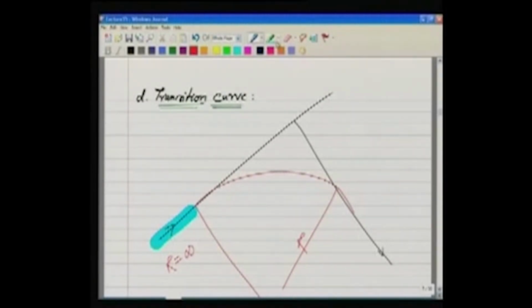But the moment you start traveling over here in the curve, the radius becomes R. So at this particular point where the curve starts, which we also call the point of curve, the radius is changing from R equal to infinite to R equal to R. So there is a sudden change in radius.